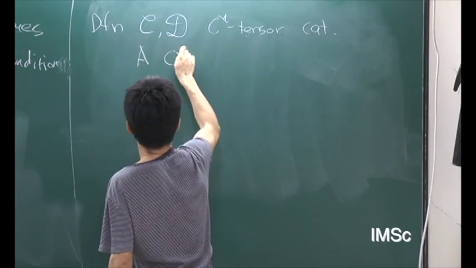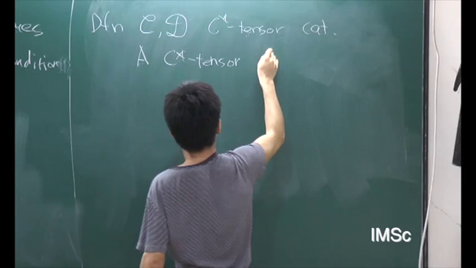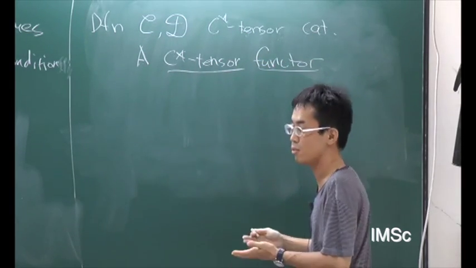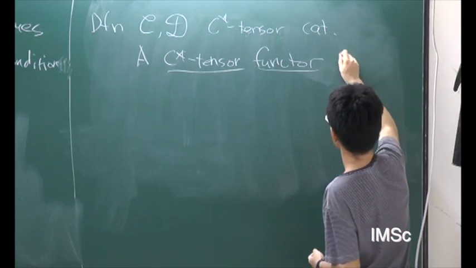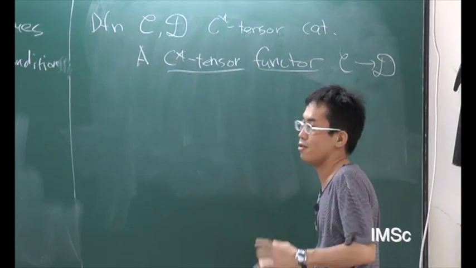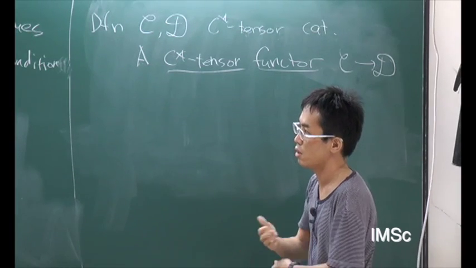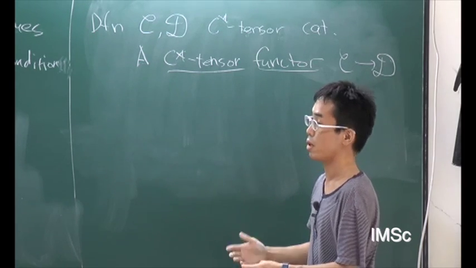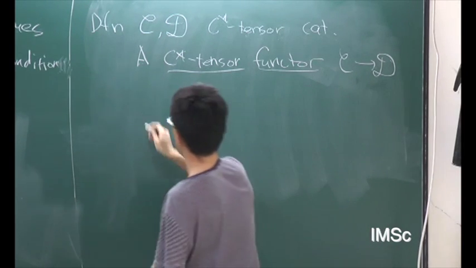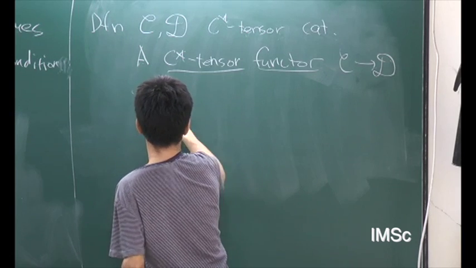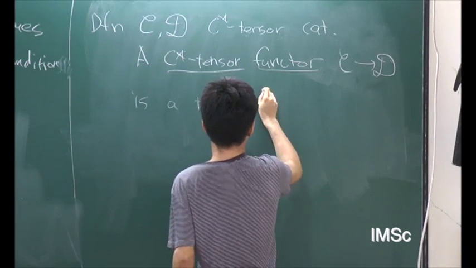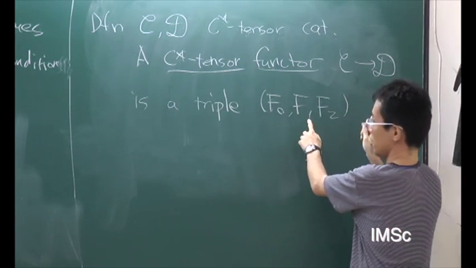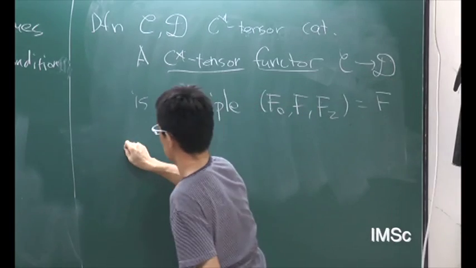Then a tensor functor should of course be a functor from C to D, but it's a bit misleading if you just say so, because we also need to take care of the distinguished object, the tensor unit, and also the comparison of tensor products in these two categories. So it's actually a triple, F, F0, F2. But when you're sloppy, you also just write this as F. So F is a functor.